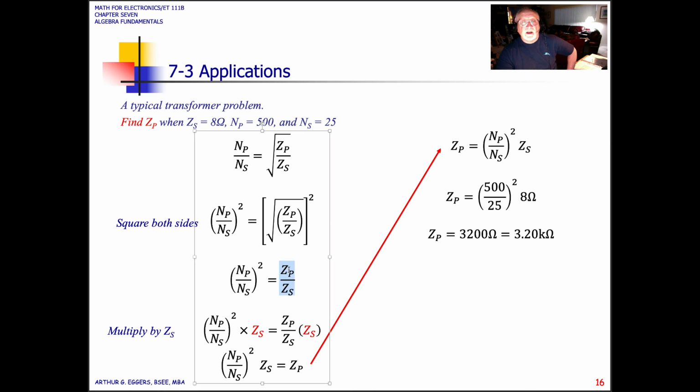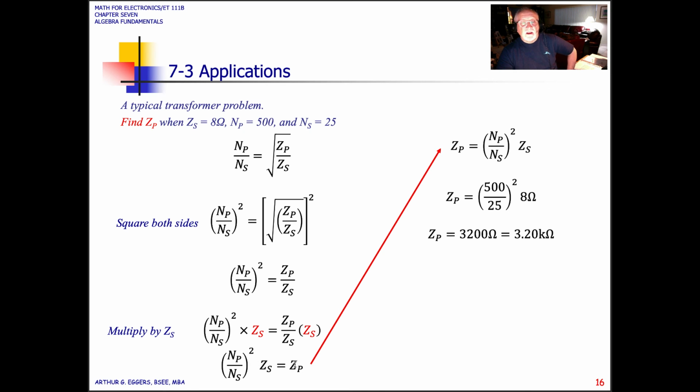This is good because that ZP is exactly what I want free and able to move around. So the ratio of the turns squared is equal to the ratio of the impedance. I'm going to multiply both sides by the secondary impedance in the numerators, and at this point I really do have the impedance of the primary free, and I could start putting values in this last step.